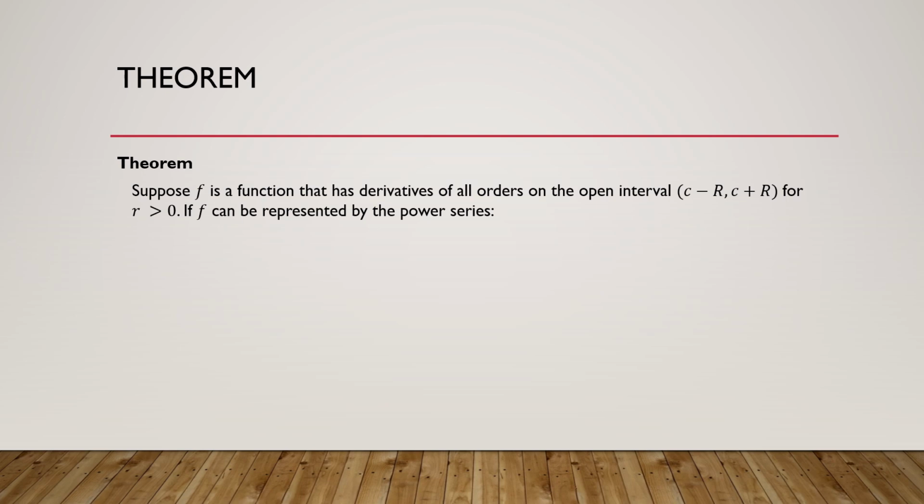The theorem for the Taylor and Maclaurin series states, suppose f is a function that has derivatives of all orders on an open interval (c minus r, c plus r) for r greater than 0.